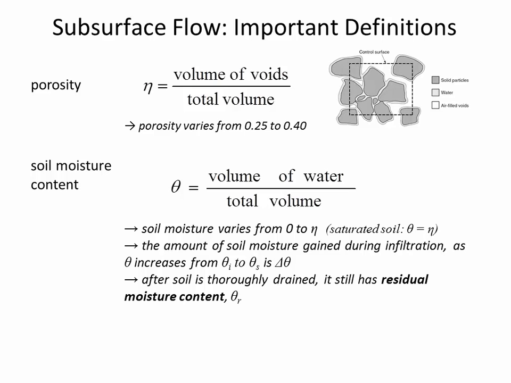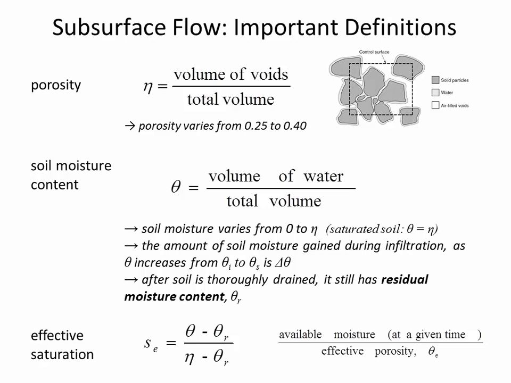And then after draining, the residual moisture content, theta r, is how much moisture is kept by the soil to keep the soil grains wet. So here's one more definition, effective saturation. In effective saturation, you're having to look at how many voids are actually available for holding on to water and how much the water content can increase during a storm.